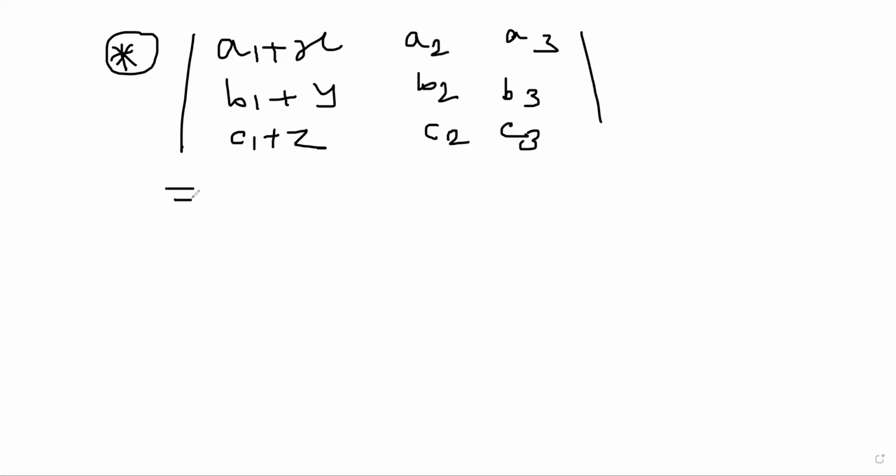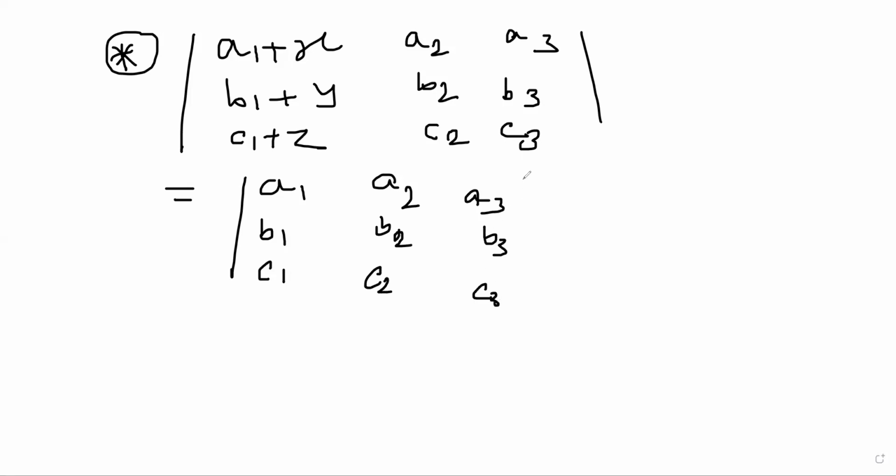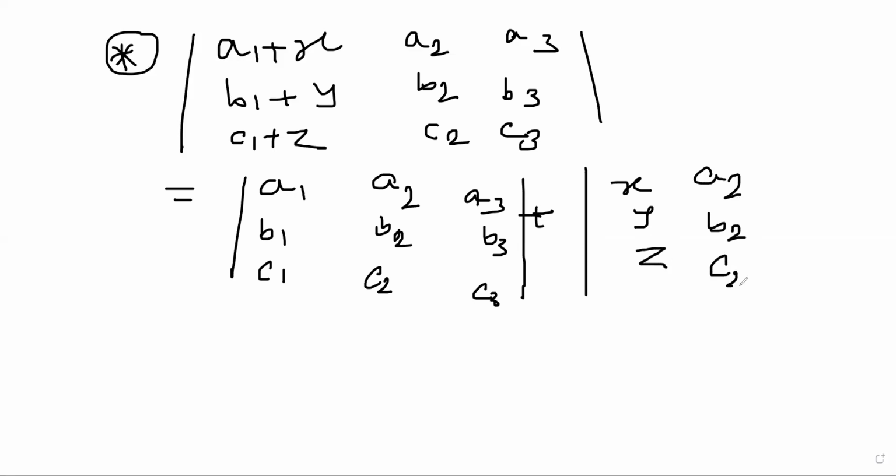Okay, that can be written as the determinant of a1 b1 c1, a2 b2 c2, a3 b3 c3, plus the determinant of x y z, a2 b2 c2, a3 b3 c3. Okay, this one.